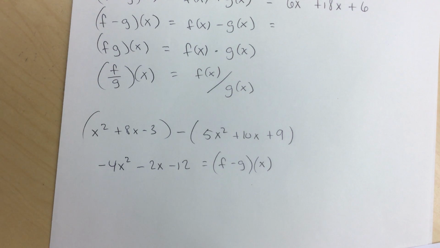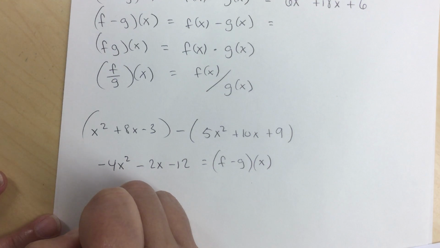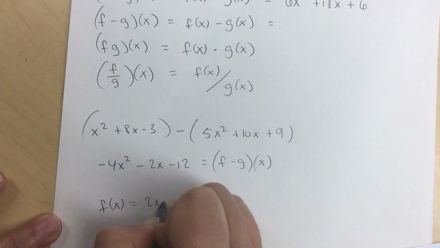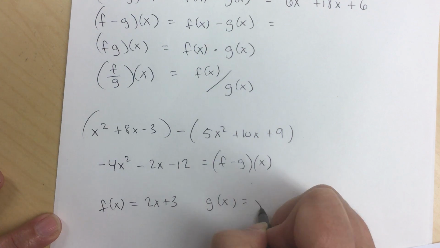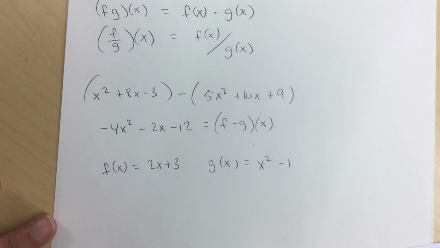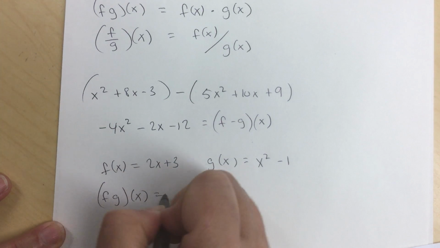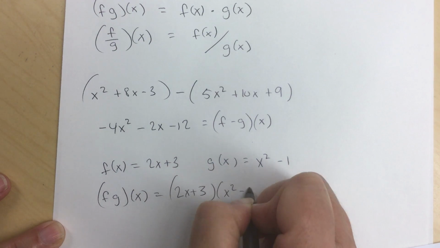Okay. For f times g, let's do something smaller. Like let's say f of x is 2x plus 3, and g of x is x squared minus 1. Then f times g of x is 2x plus 3 multiplied by x squared minus 1.